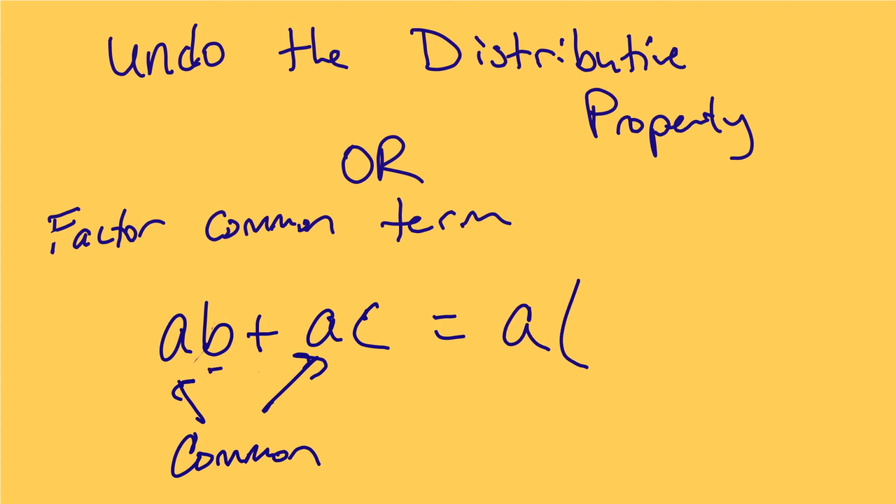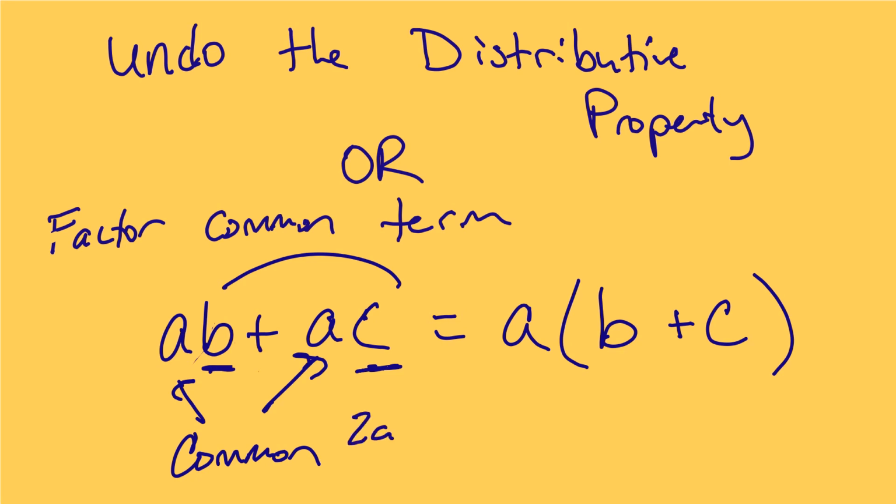When he goes outside the parentheses, whatever's left goes inside the parentheses. You can always check your work by redistributing. The reason this is important is because I took 2 A's and I turned it into 1 A. That's going to be very important in this next problem.